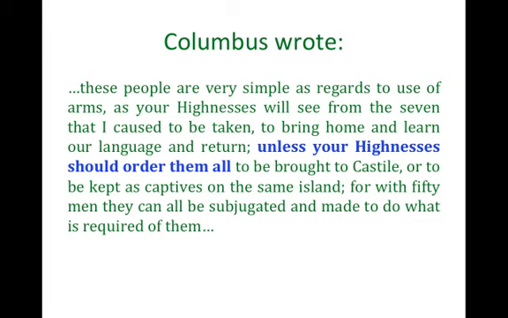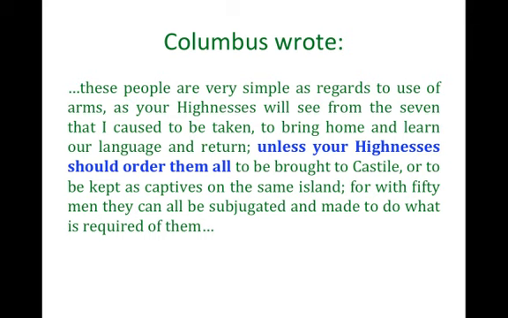So these people are very simple as regards to use of arms, as your highnesses will see from the 7 that I caused to be taken, to bring home and learn our language, and return, unless your highnesses should order them all to be brought to Castile, or to be kept as captives on the same island. For with 50 men they can all be subjugated and made to do what is required of them. Okay, so this text will allow us to get at Columbus's worldview, or at least a part of it.